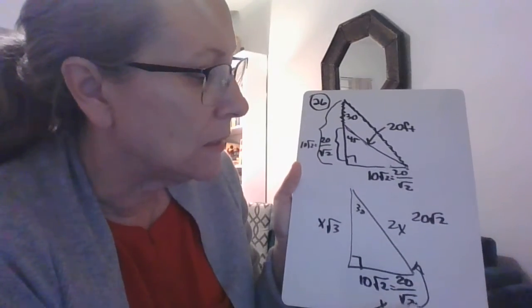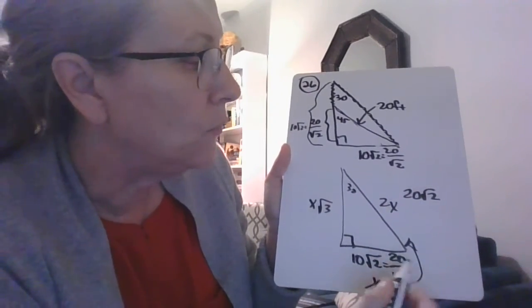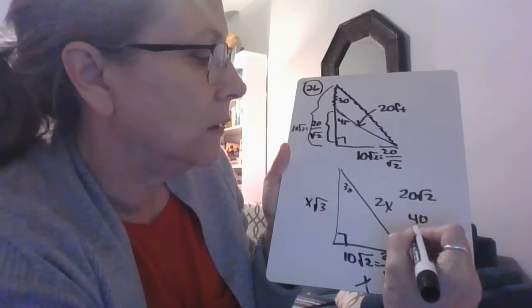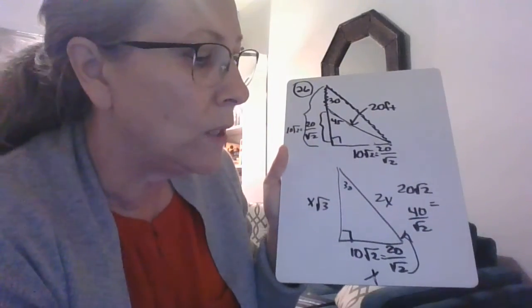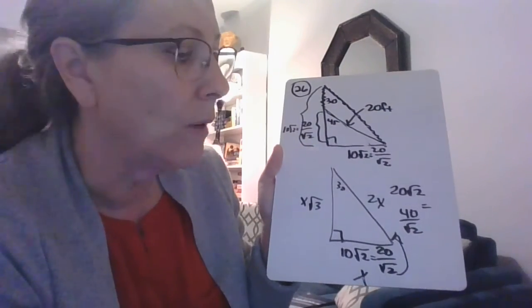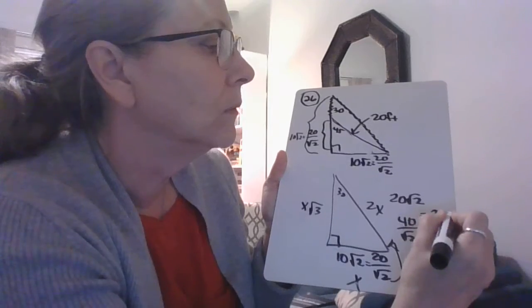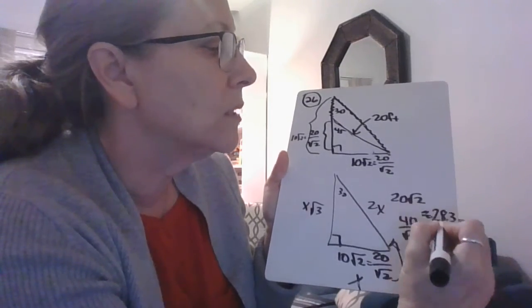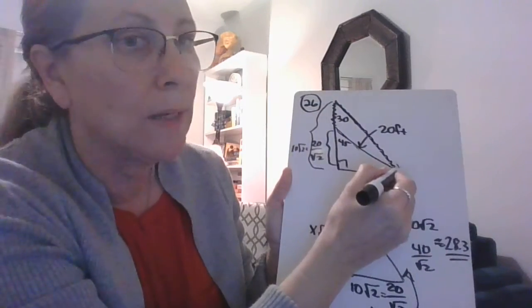And if we decided to leave it not rational, if you doubled it, it would be 40 divided by root 2. Either one of those, when you put it into your calculator and round it, is 28.3. So that's our approximate answer for the first brace that goes all the way down.